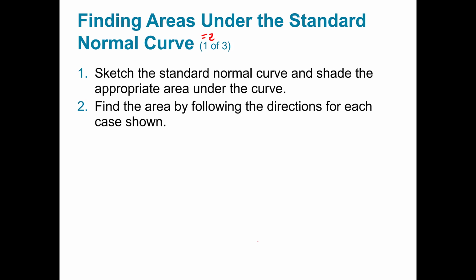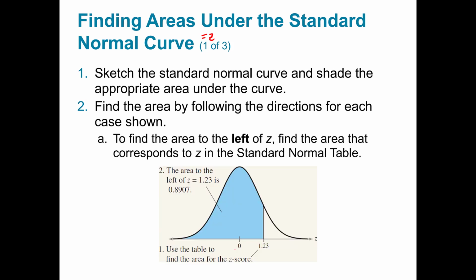There are only 3. So if you're finding area to the left, remember this is the value that your z-score table is going to give you. So you just literally look up that z-score in the table, and that is your area, or your probability. So area to the left of z equaling 1.23, for example: we sketch a z distribution, 1.23.